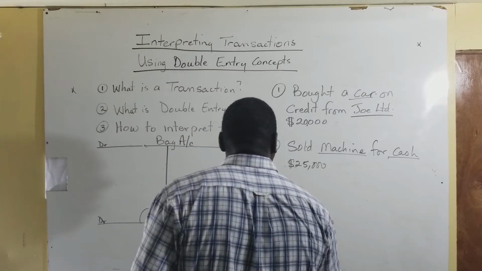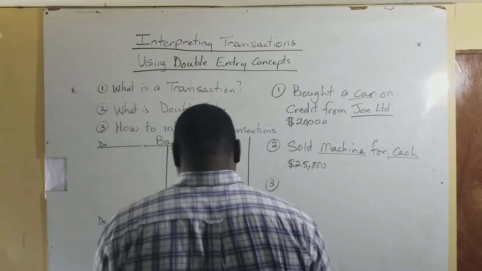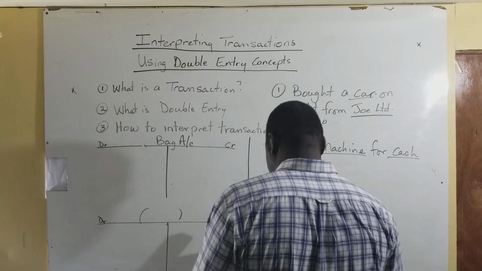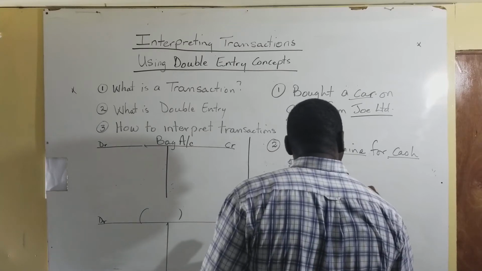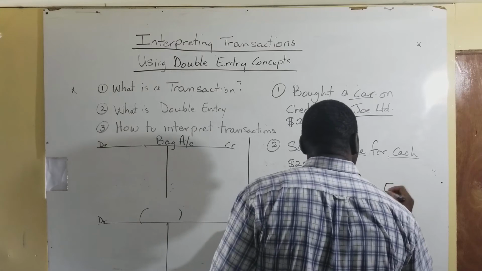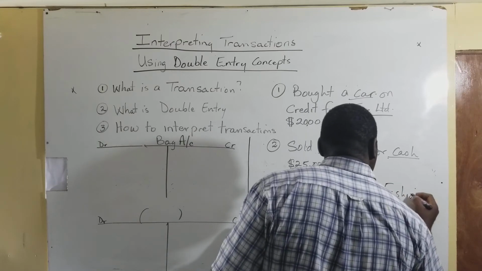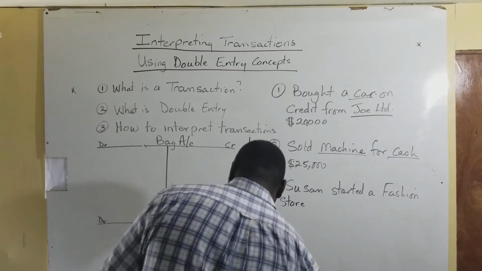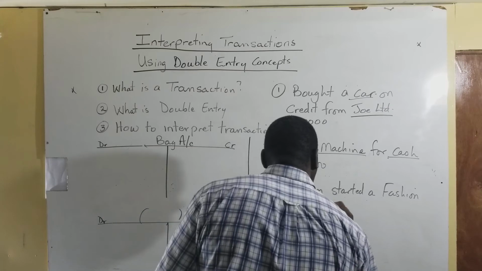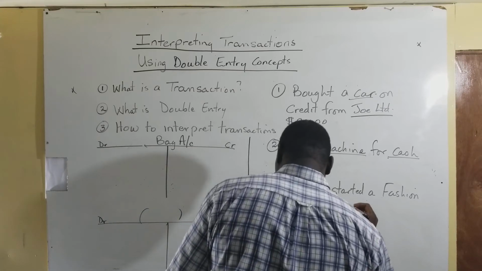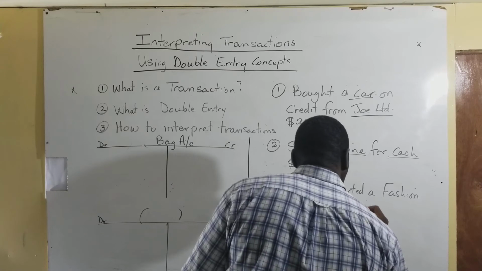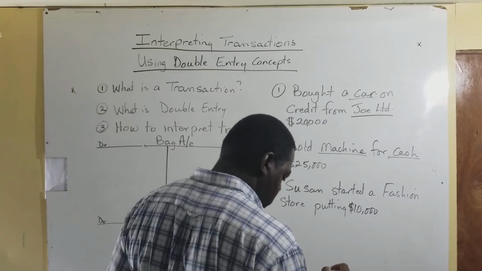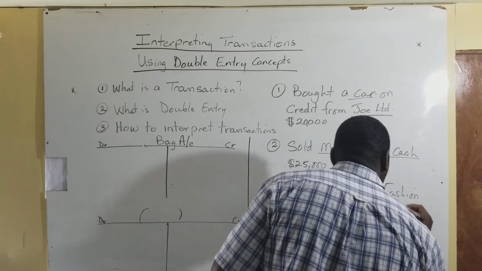Number 3, let's look at a third example. Let's say that Susan started a fashion store, put in $10,000 in the bank.